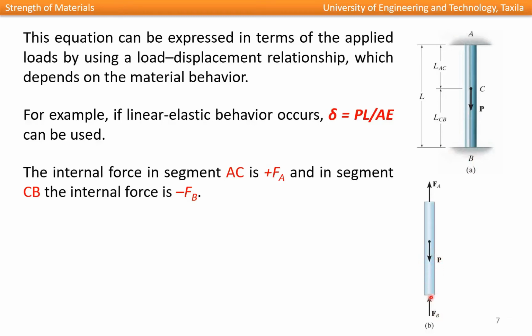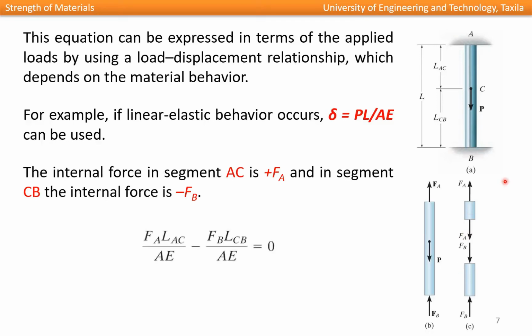So this force is trying to compress this portion of bar AB, and as a result this portion will be subjected to compression. The internal force in segment AC is plus FA, which is tension, and in segment CB the internal force is minus FB. Minus indicates that it is compression. Here we can see the cut sections in this portion and in this portion.